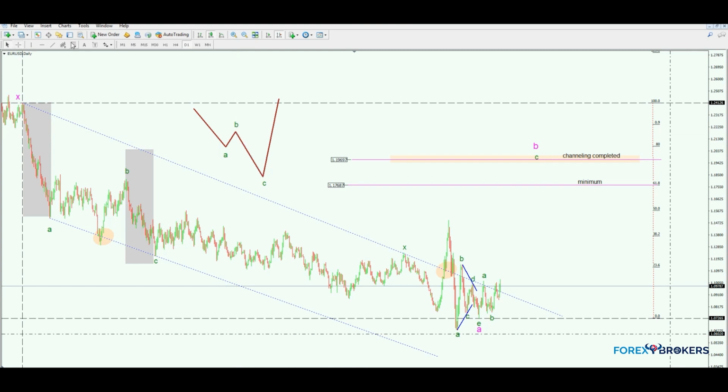In other words, what we gotta do is to take a shape or use whatever other tool to measure the time, to project it on the right side from the end of the C wave, and then to see if the price action that follows does this. If it does this, then this is a simple correction, and we cannot talk about a double combination or any kind of complex correction involving at least one X wave.